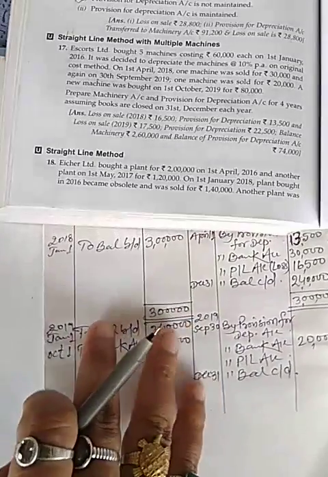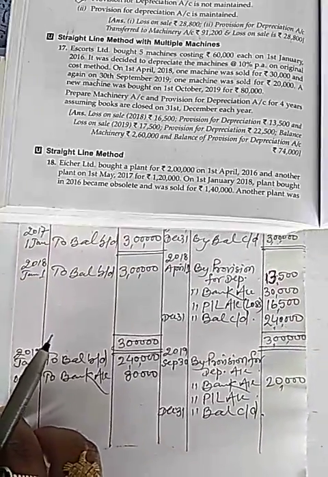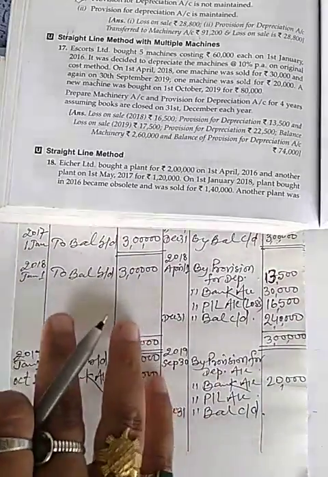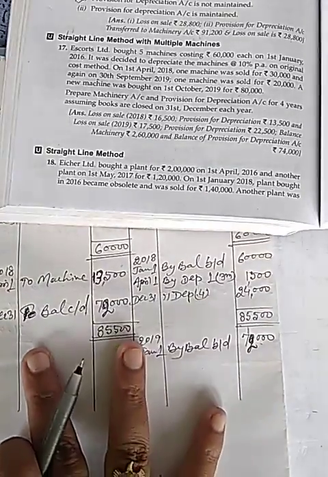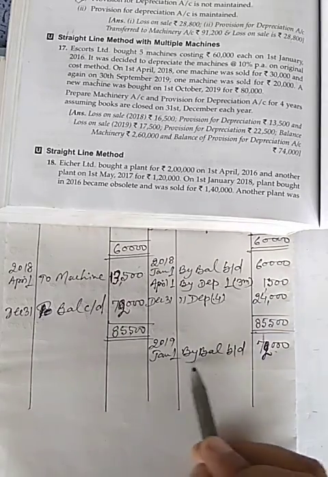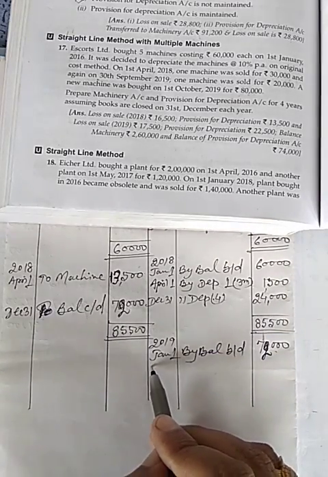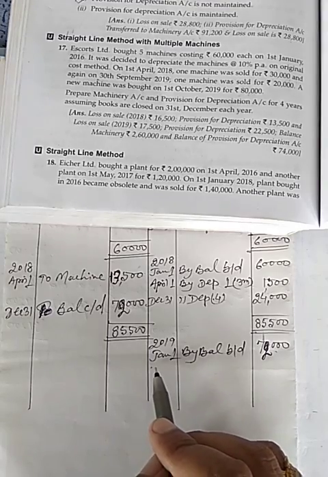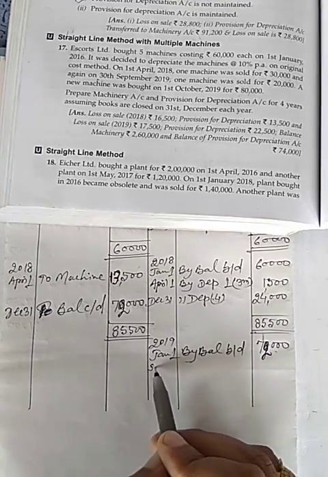Now student, we have to go to the provision for depreciation account, and now we have 4 machines, but one machine was sold on September 30.